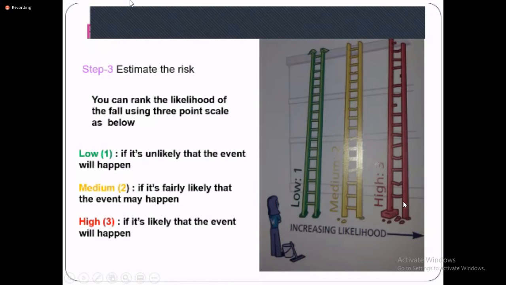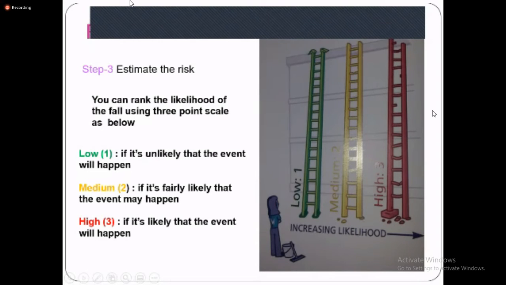Then here you can see one leg is not perfect, so they have placed bricks and so on for support. You can see the rung conditions, and one side is also corroded. Like this, the likelihood of contacting that particular hazard is high, isn't that right? Compared to this, you can see how the likelihood levels are increasing.